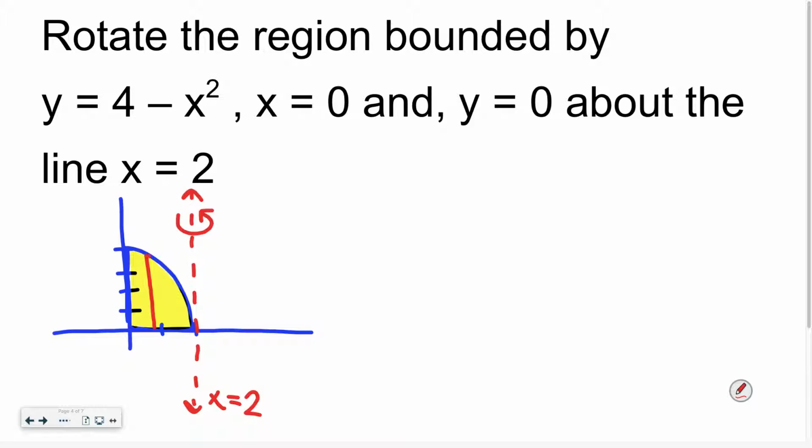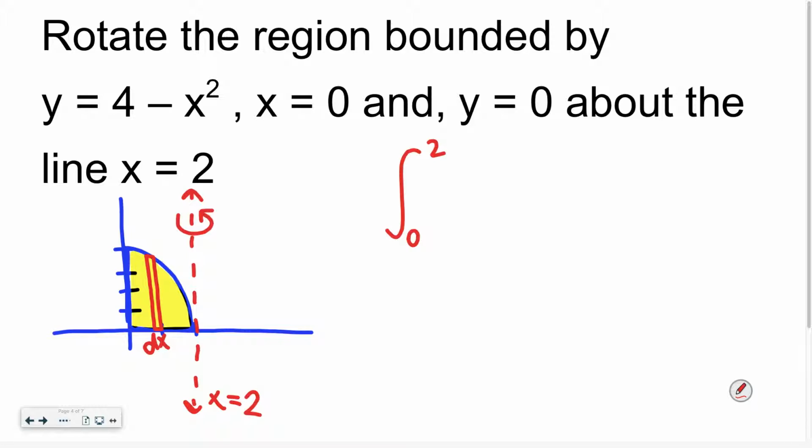And I'm going to draw in parallel rectangles, which means they would have thickness dx. So when we set up our integral, since we are in respect to x, our limits of integration would need to be 0 to 2, because that's the x interval that our region stretches about.